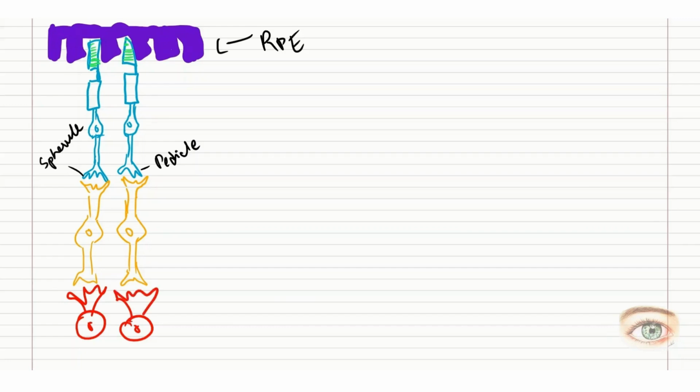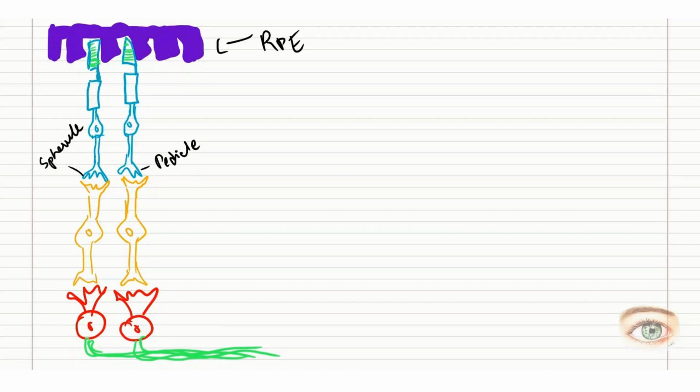And these ganglion cells will have their nerve fibers, which are going to make the optic nerve.